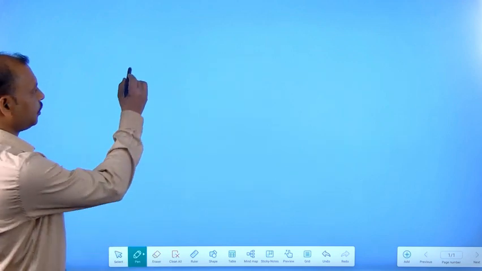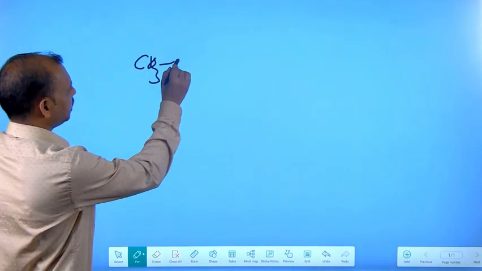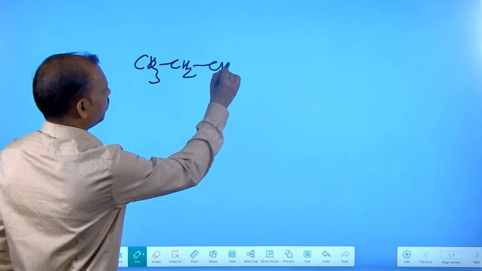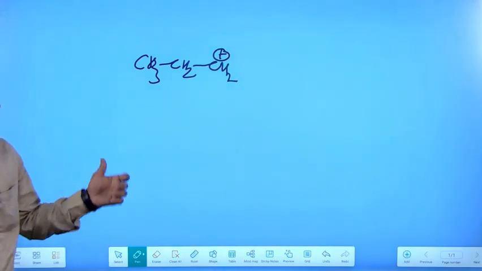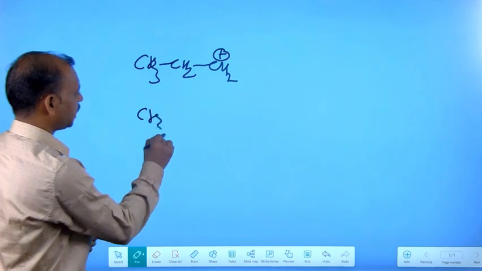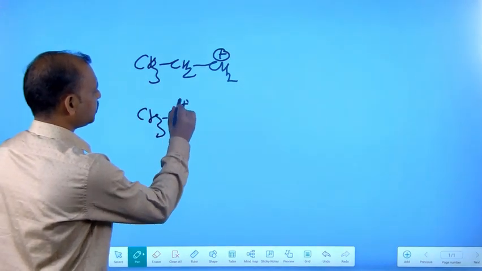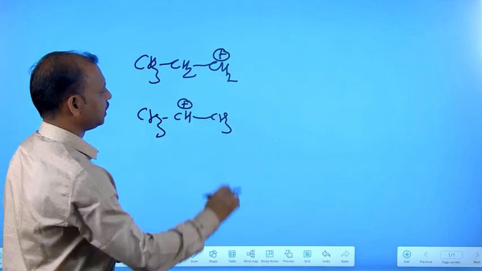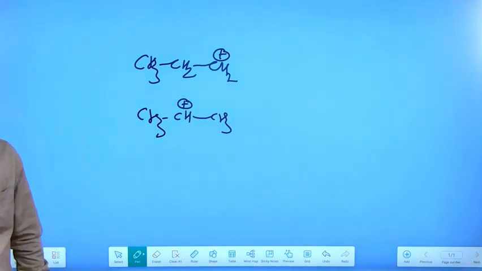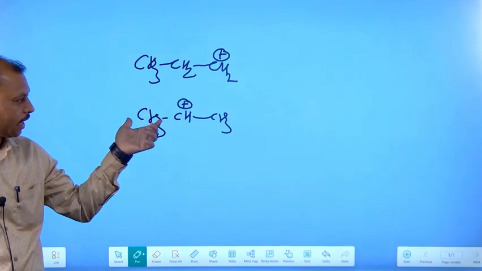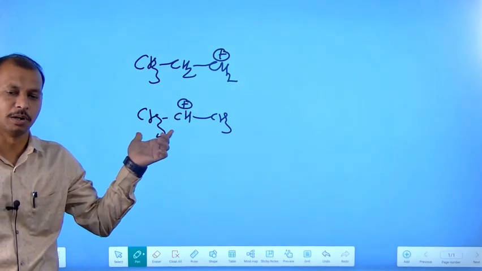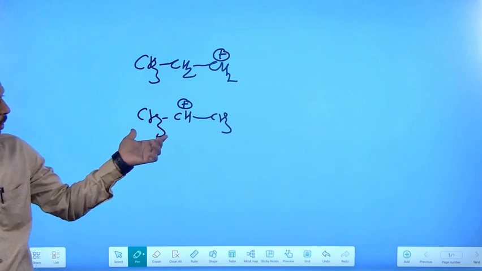We get a different carbocation, that is CH3CH2CH2 plus. Now you can compare both carbocations, CH3CH plus CH3 and CH3CH2CH2 plus. In the first case it is the terminal carbocation, CH2 plus, and in the second case it is CH plus, the middle carbocation.